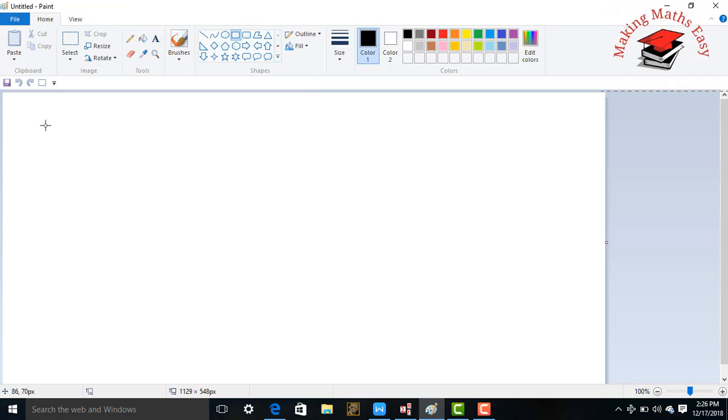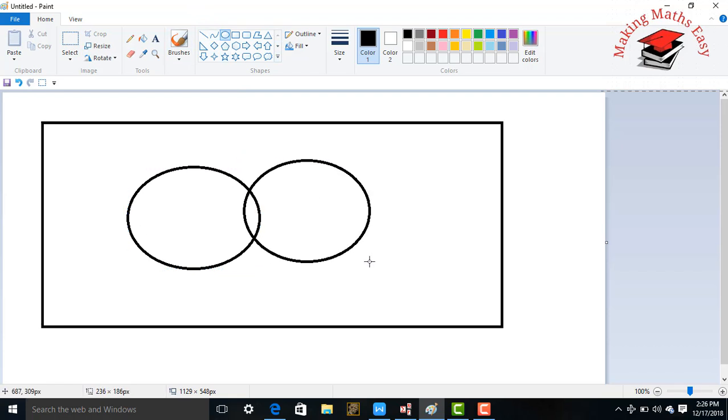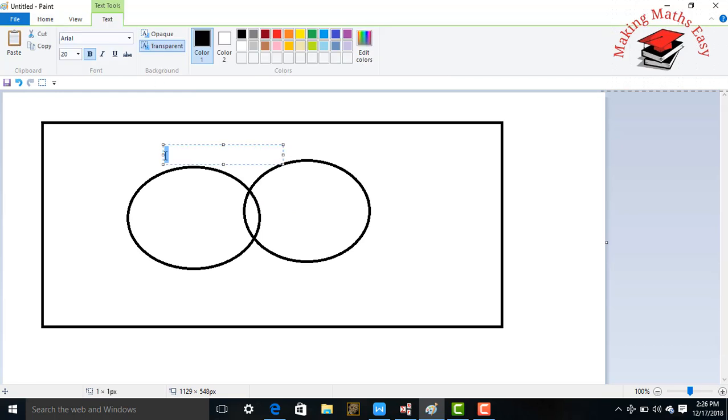First we will draw the universal set. This is the universal set. Then we will draw two sets, set A, set B. Okay, this is set A, this is set B, and this is the universal set.